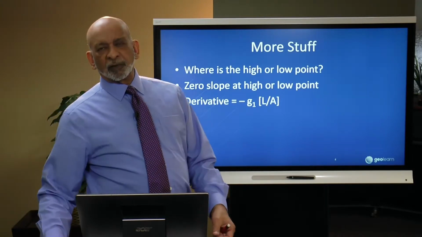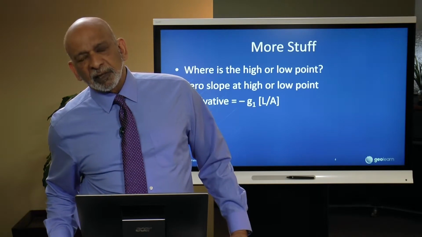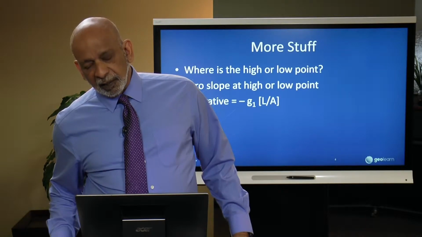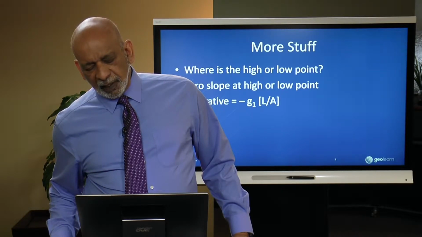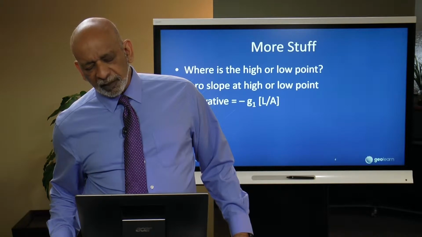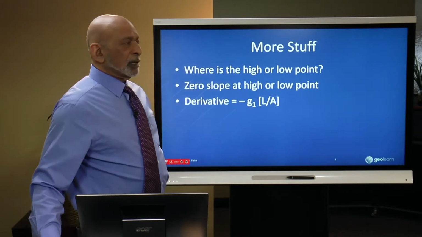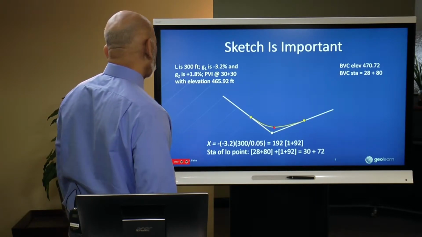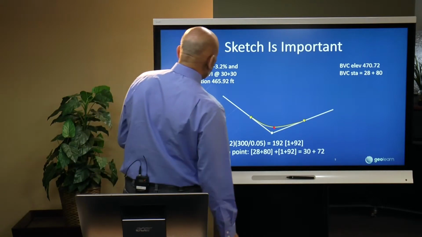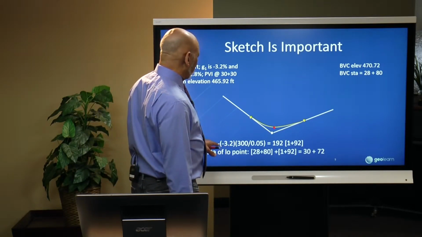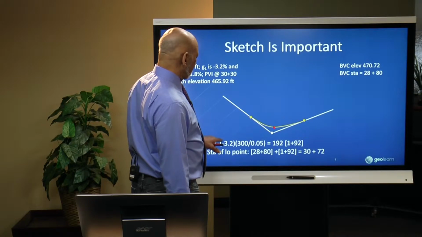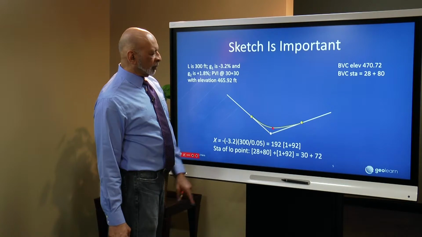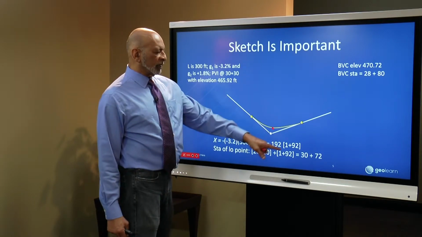So if you take the derivative of the parabola equation and set it to 0, we get this location, meaning the location of the point we solve for x, and it's equal to minus G1 times L over A. So if we go to our curve here, we have minus negative 3.2 times 300 divided by 0.05. Turns out to be 192 feet.